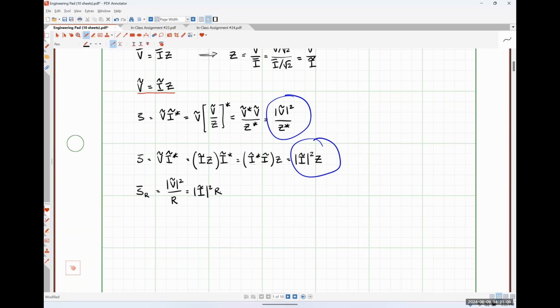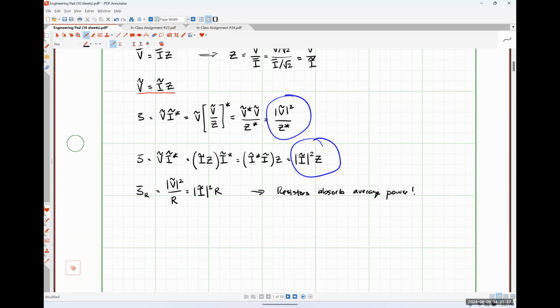So let's look at this a little bit here. Is there any imaginary part of this complex power? Is there any J literally anywhere in this thing? No. So that means that resistors absorb average power.